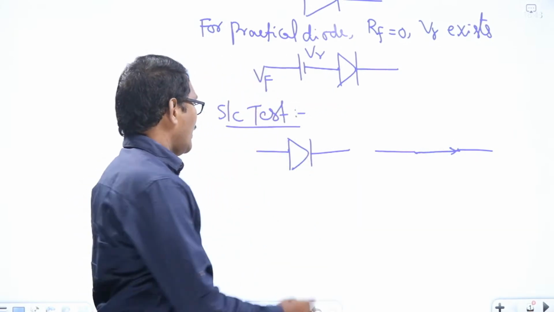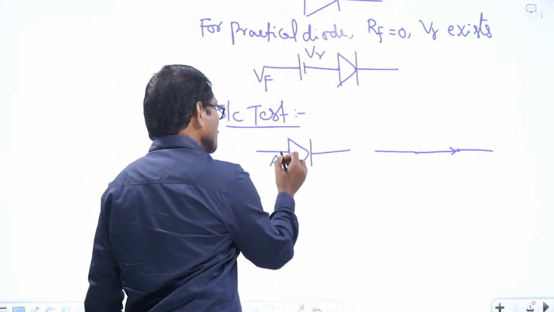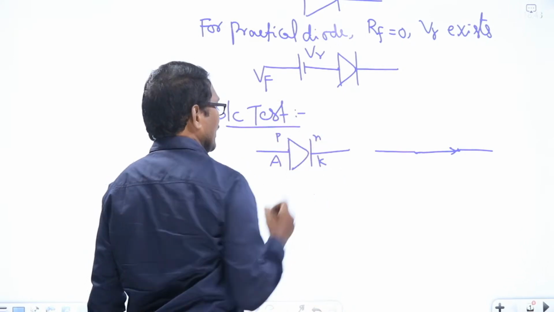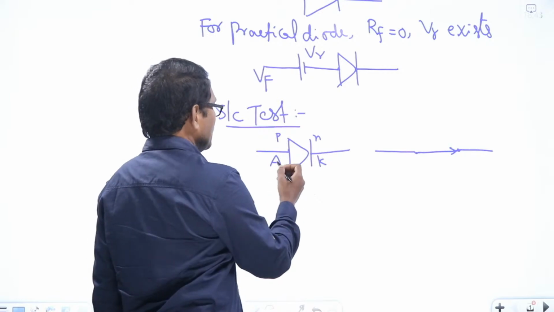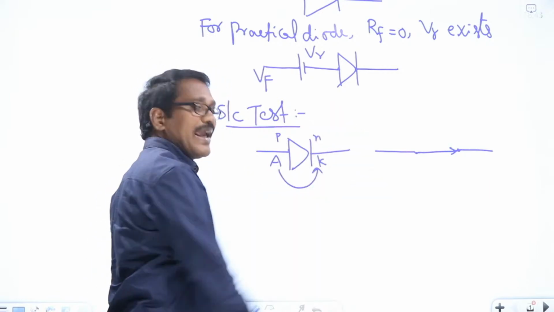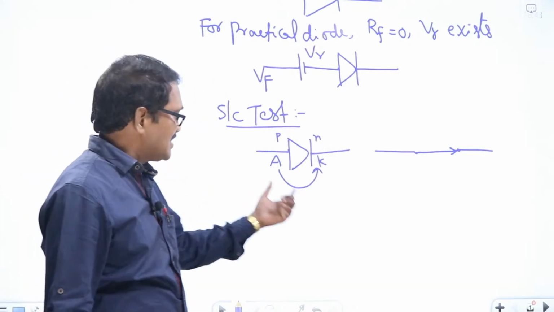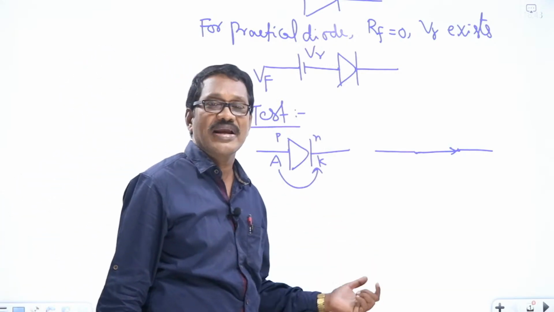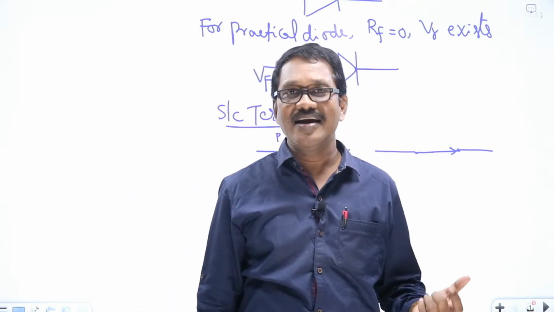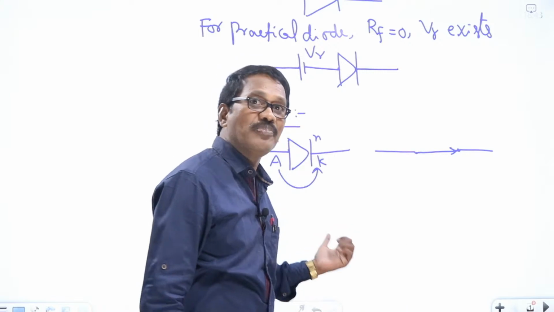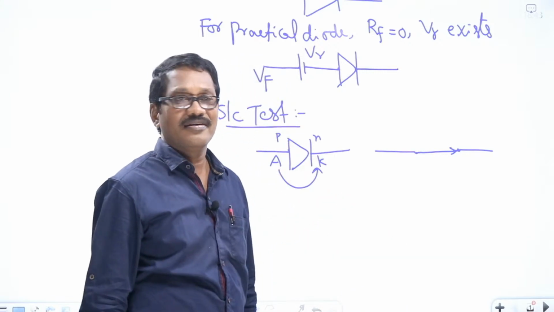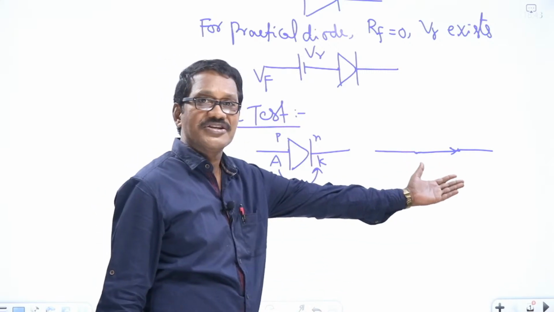The current is assumed to be directed from P to N, this being anode and cathode. That is the basic assumption that must be taken into account to conduct the short circuit test. The current direction is assumed to be from P to N, not from N to P.